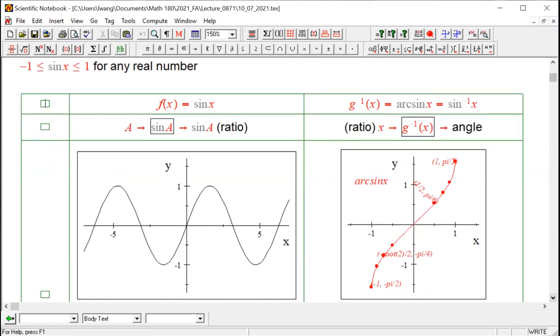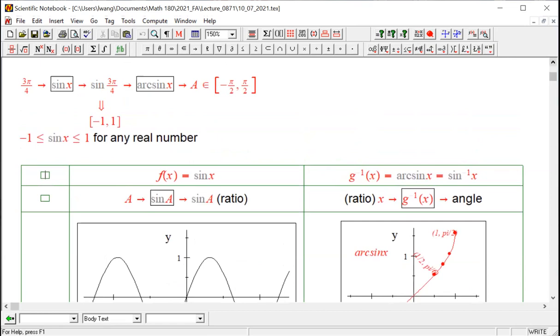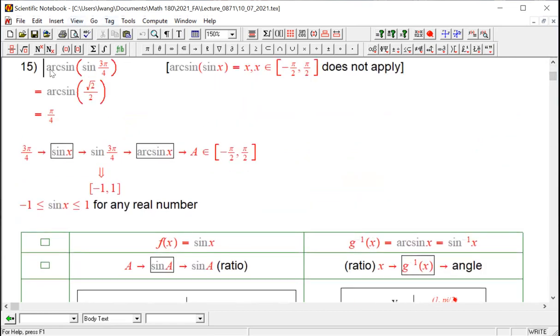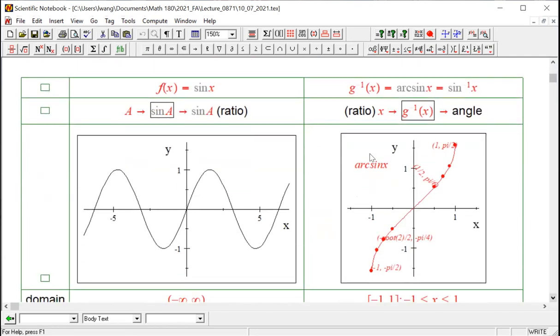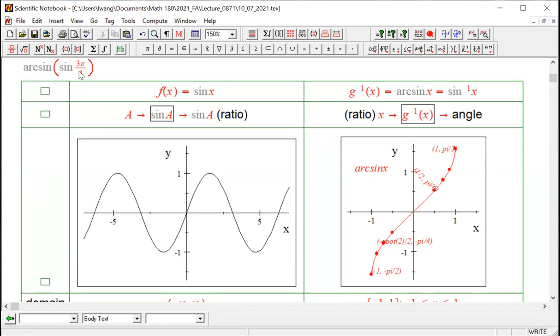What happened is, when you see sine 3 pi over 4, you measure that orange arc length, 3 pi over 4. And what is the ratio?